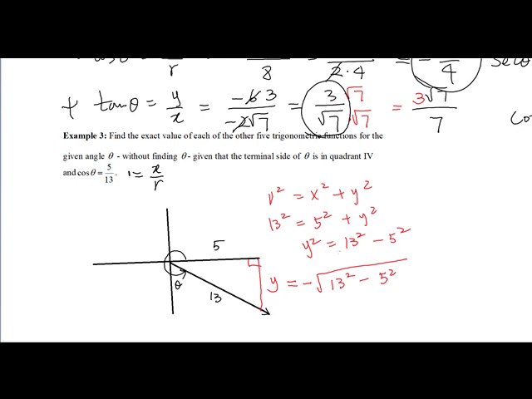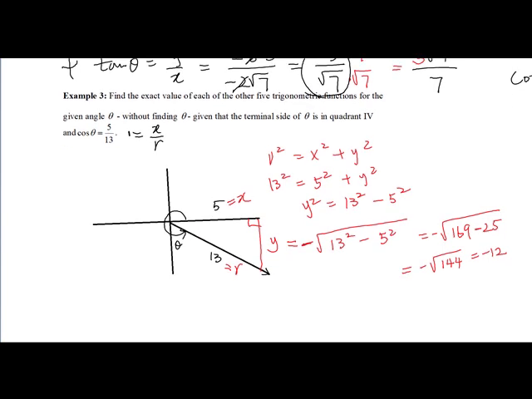Y should be plus or minus the square root of that, but it has to be minus because you're in quadrant 4. In quadrant 4, the y coordinate is negative. So negative square root of 169 minus 25 is negative square root of 144, which is negative 12. That will be the y coordinate. 5 is serving as x, r equals 13, y equals negative 12.